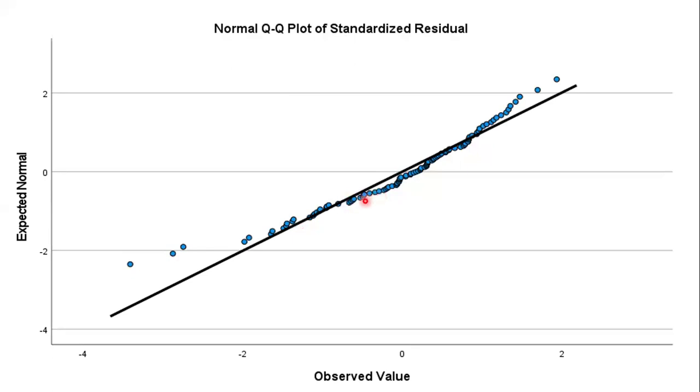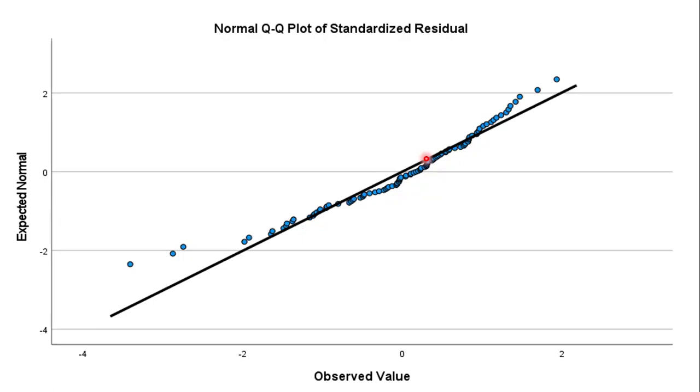You can see that the majority of the points in the middle of the data are basically on the straight line. So we can conclude here that our residuals are approximately normal. Approximately, you cannot claim that it is perfectly normal.